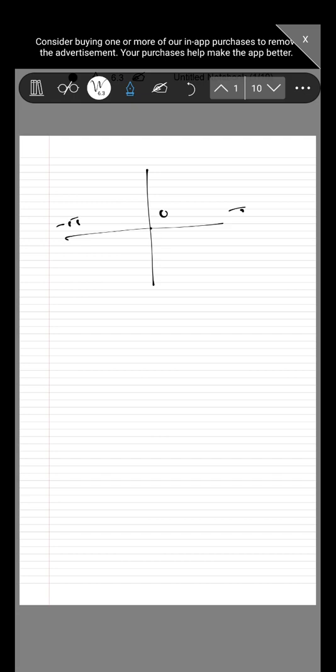The function has the value 0 when it is between 0 and minus pi, and if this is pi, it has got a value pi. So this is how the function was, a step function type.